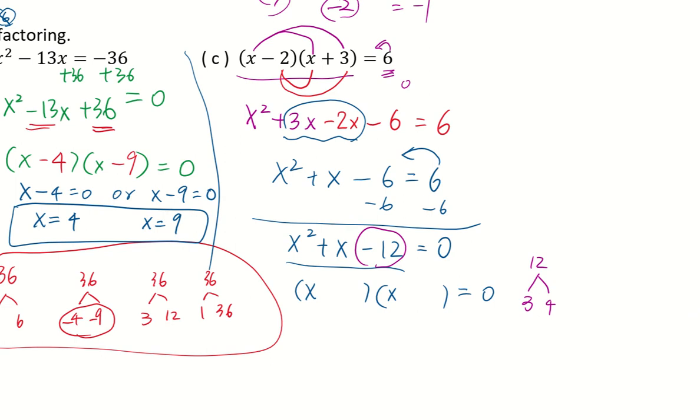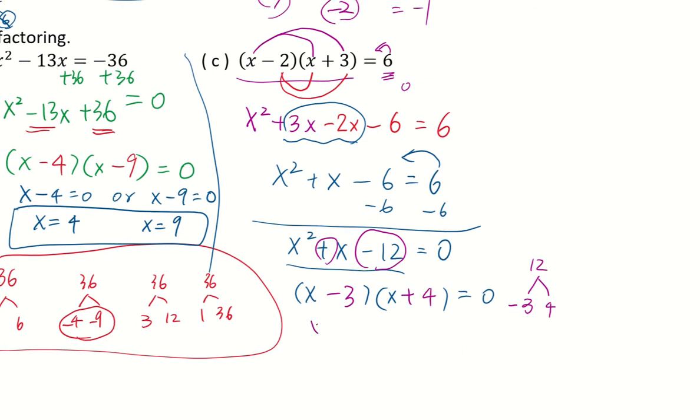So the number that's negative is the 3, because negative 3 plus 4 will give us a positive 1. Okay, those are the two numbers we're looking for, negative 3 and positive 4. You can come up with two equations. Solve for each equation. You'll have two solutions.